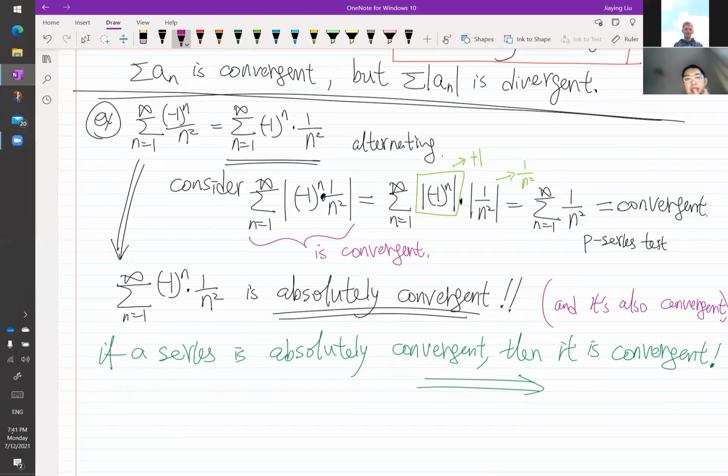Any questions about this example and the definition? There's a lot to take in here. When I first came across convergent, absolutely convergent, conditionally convergent, it was confusing. And to be honest, it took me a long time, like weeks, to get my head around this different terminology.